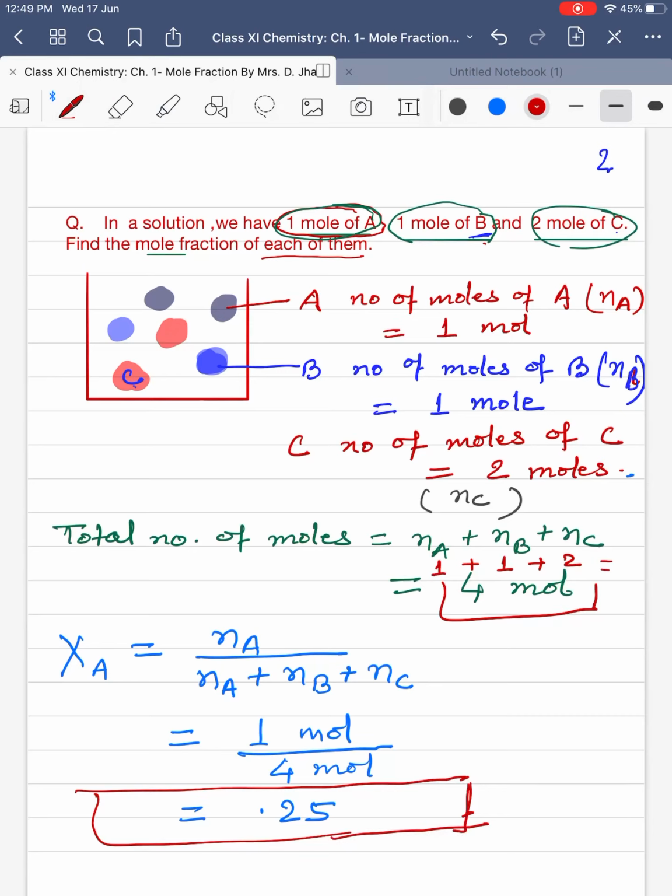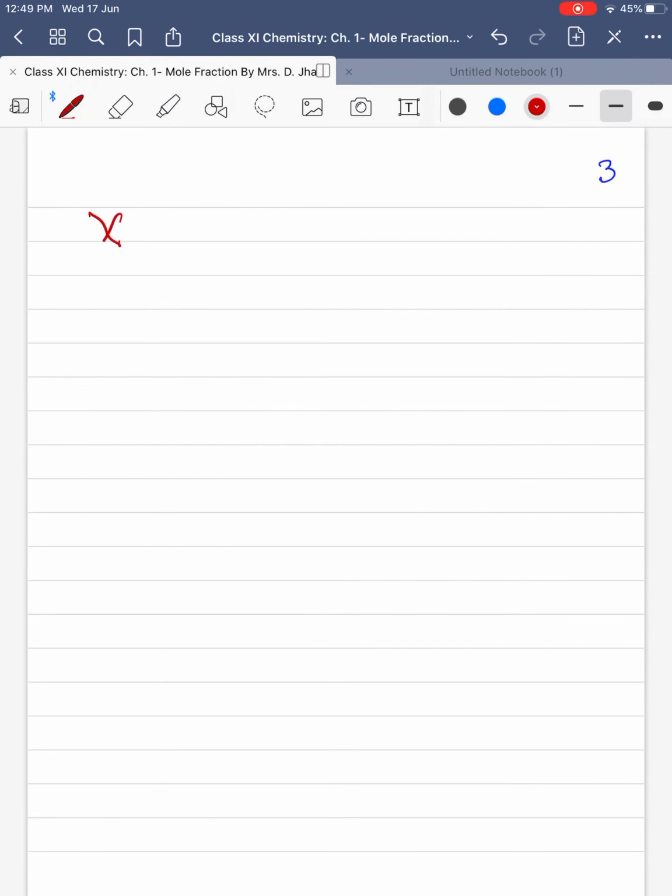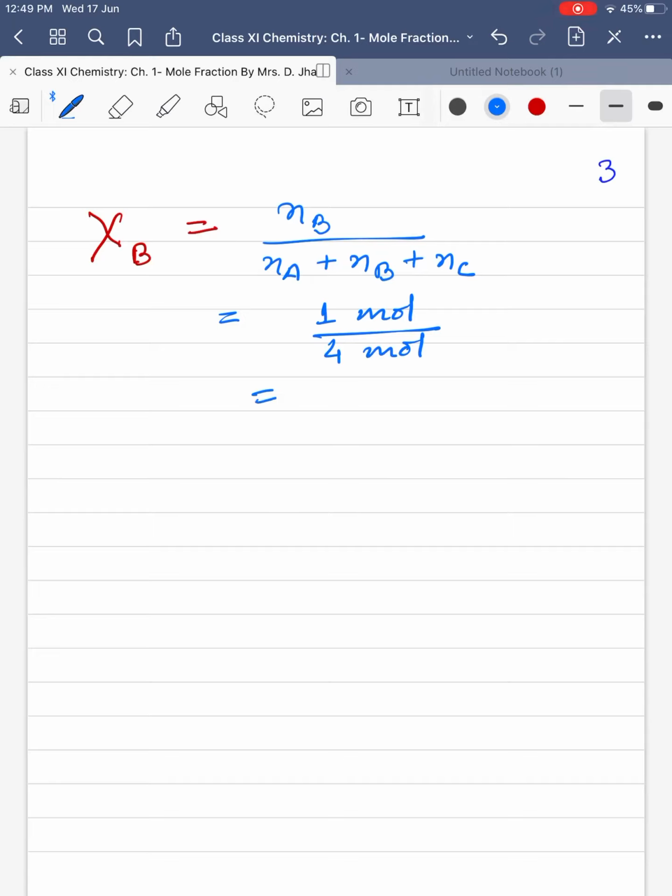So the mole fraction of component A is equal to 0.25. Similarly, the mole fraction of B is equal to number of moles of B divided by number of moles of A plus B plus C, which is 1 mole divided by 4 moles, that is also 0.25. This is the mole fraction of B.